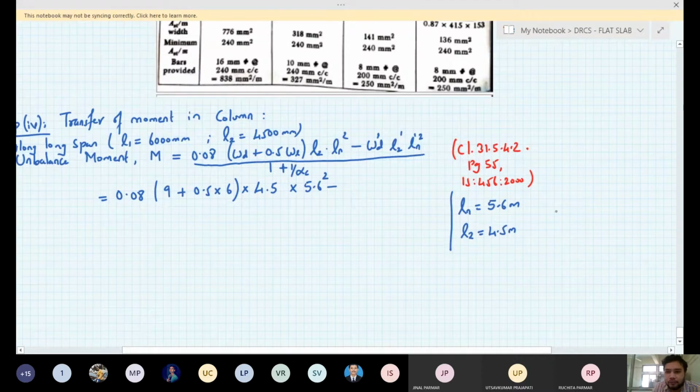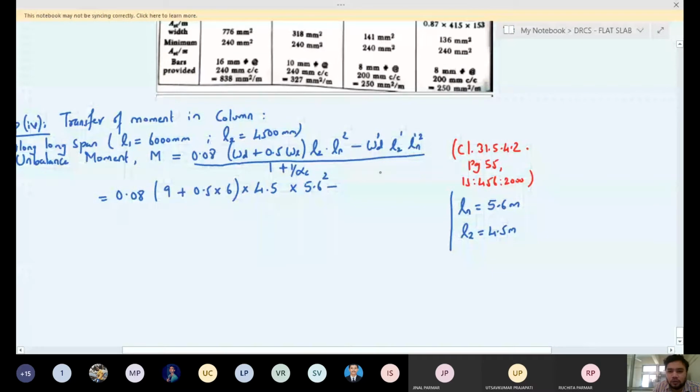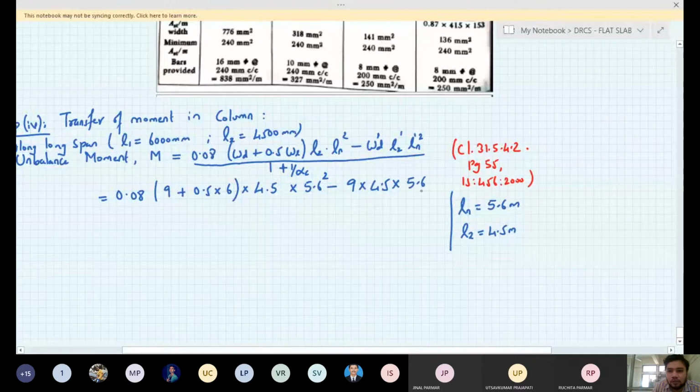WD dash. We'll assume that our adjacent span is also the same, so it will be 9 times L2, that is also 4.5 times ln square, so that is also 5.6 square, and this is divided by 1 plus 1 by alpha c.